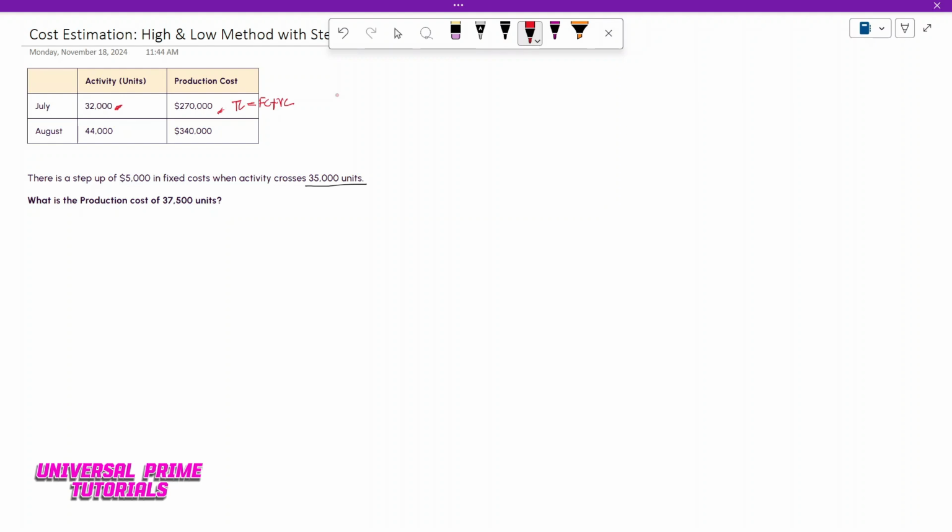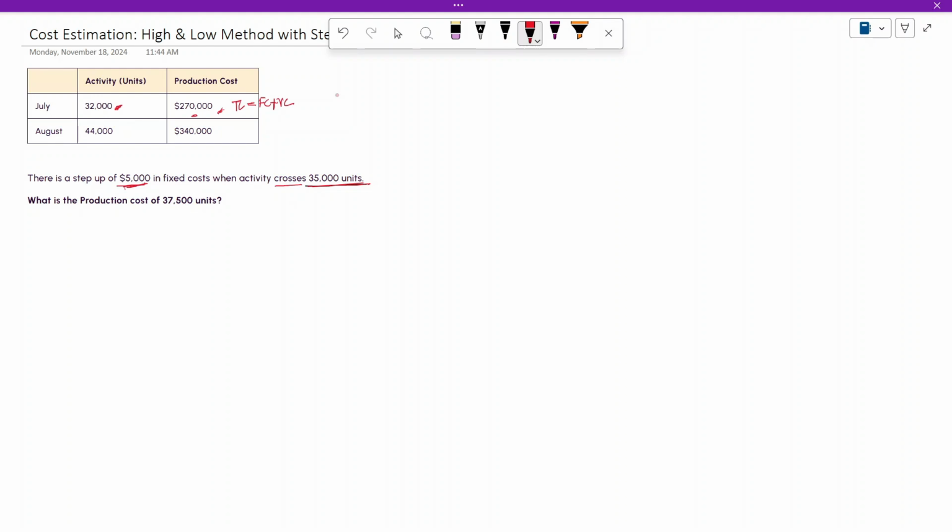And so inside the 270,000, there is a fixed cost that we don't know, and there is also a variable cost that we don't know. And so we are supposed to solve the question. The question is saying that when activity crosses 35,000 units, the fixed cost component in $270,000 will increase by $5,000.